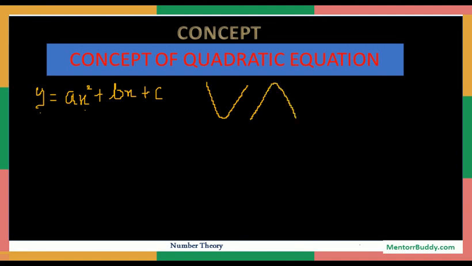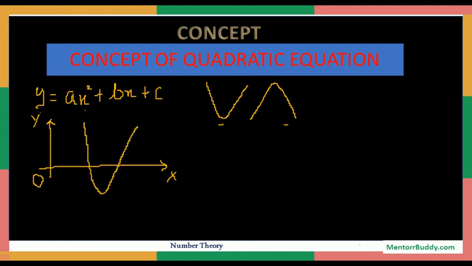These two are known as quadratic curves. Now let's say this is one xy plane, this is the x-axis and this is the y-axis, and this is going to be the origin. So in case we need to figure out how this curve is plotted on the xy plane, it'll be somewhat like this. So this is going to be the curve of the quadratic equation.